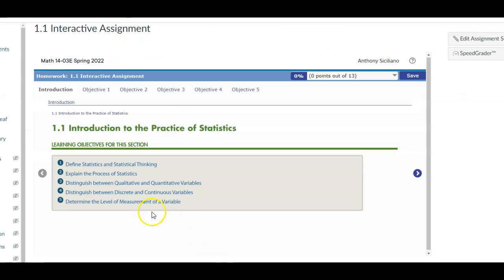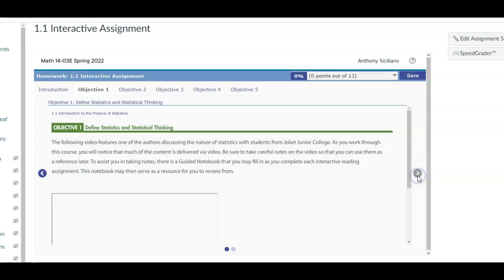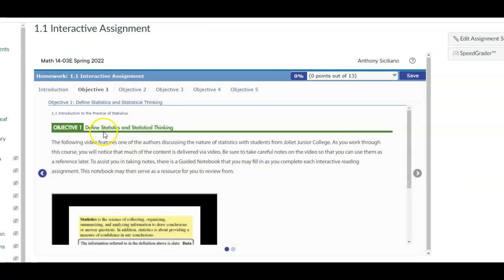Going back to Canvas, you can click left or right to move to the next page, or you can go at the top and look at the tabs where it says Objective 1, 2, 3, 4, and 5. So you can move around depending on how you want to. If I click to the right, it says Define Statistics and Statistical Thinking.